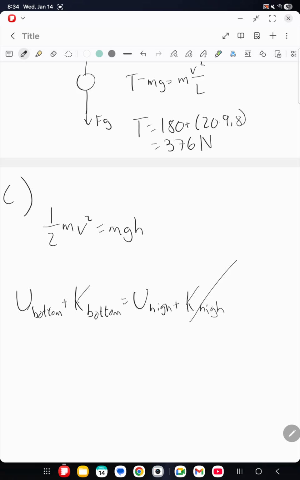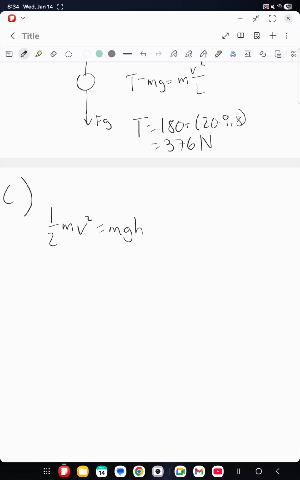And these will cancel out, which is pretty self-evident, because his kinetic energy will be 0 at the top, right before he falls, and of course he won't have potential energy at the bottom.